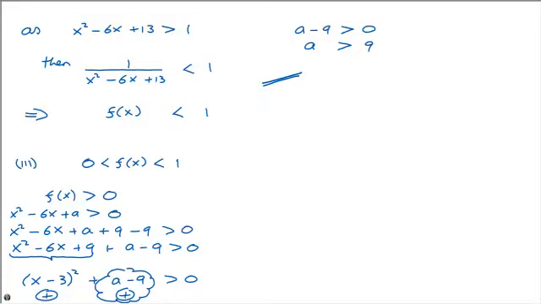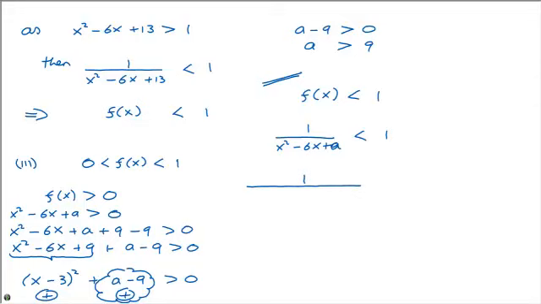The second thing that we need to take a look at then would be f of x less than 1. So 1 over x squared minus 6x plus a greater than 1. We're going to change what's underneath the line first.